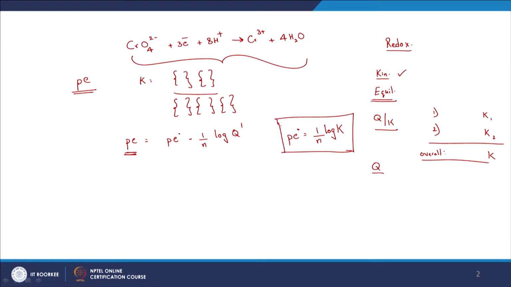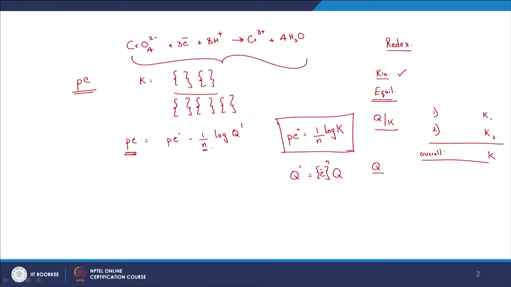Q dash is nothing but Q multiplied by the electrons raised to the stoichiometry, the number of electrons being transferred. And what is n? N is the number of electrons being transferred, which in this example would be 3.